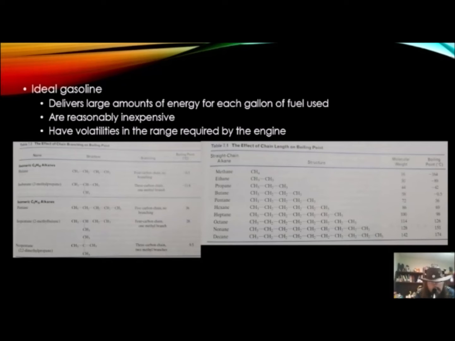Chicago gas is going to be a different level of volatility than New Orleans gas because you have higher heat down south. In the summer, you're going to have lower volatility gas than in the winter because you want gas that is the most efficient for the temperature ranges you have.